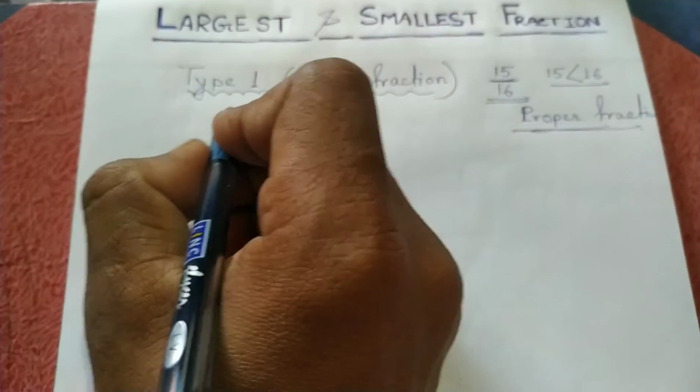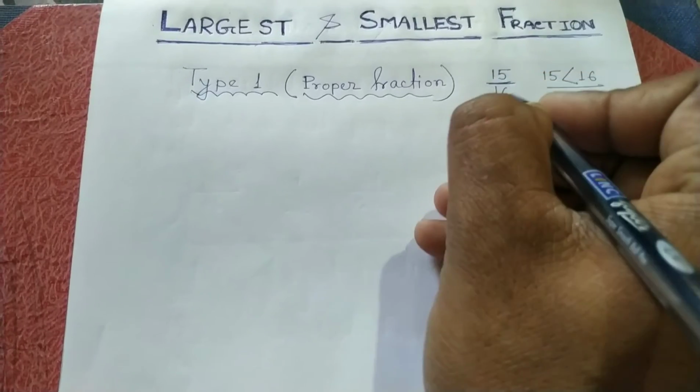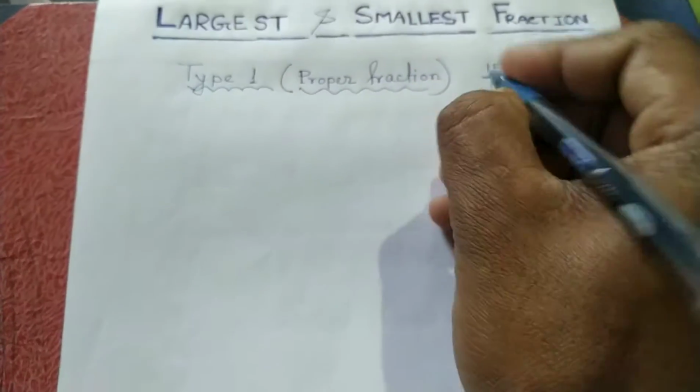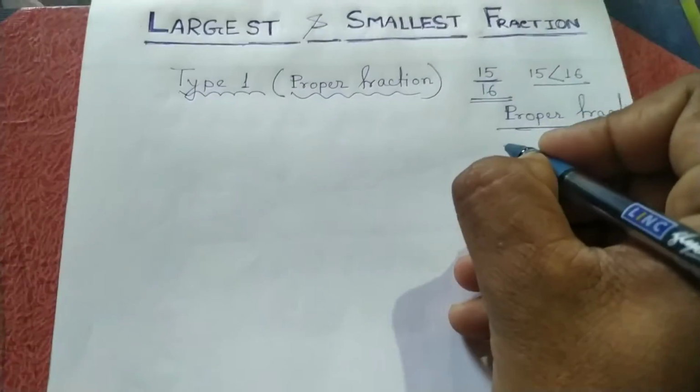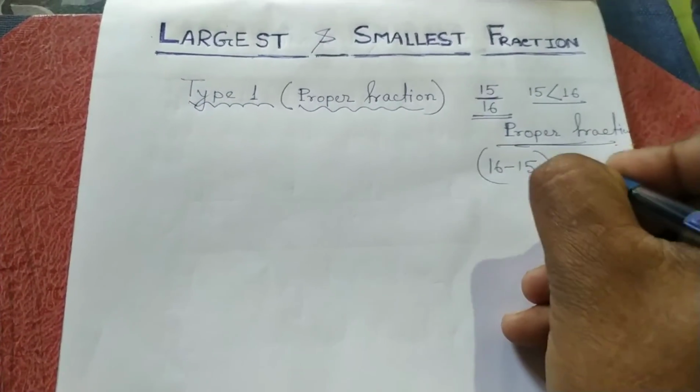And another thing to remember is that the difference between numerator and denominator should be 1. Here you can see that the difference between 16 and 15 is 1.